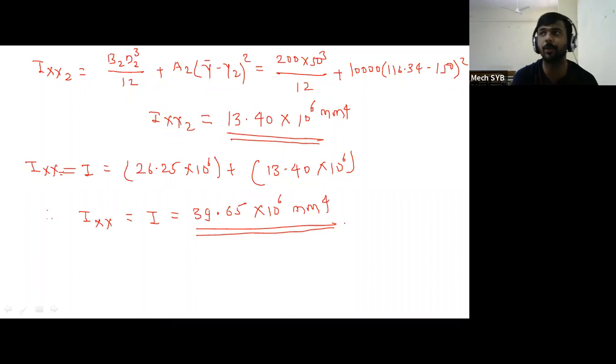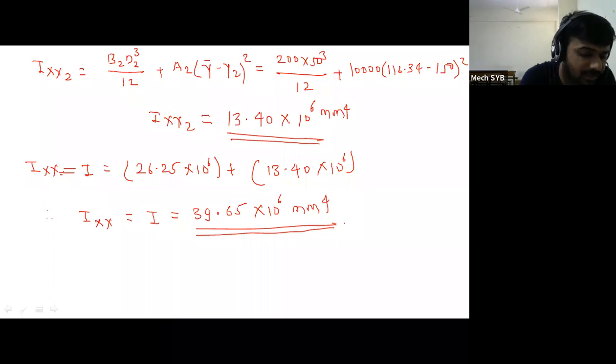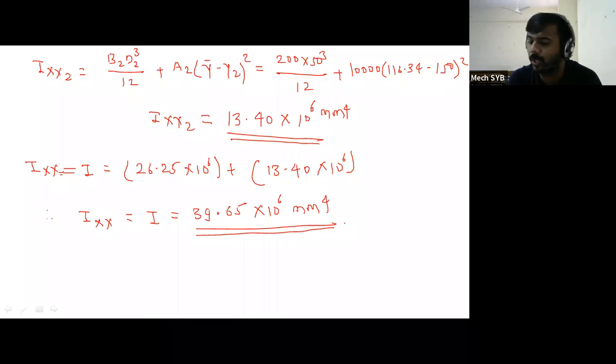This is the total moment of inertia of the entire T section. For the total moment of inertia, we have to do the addition.